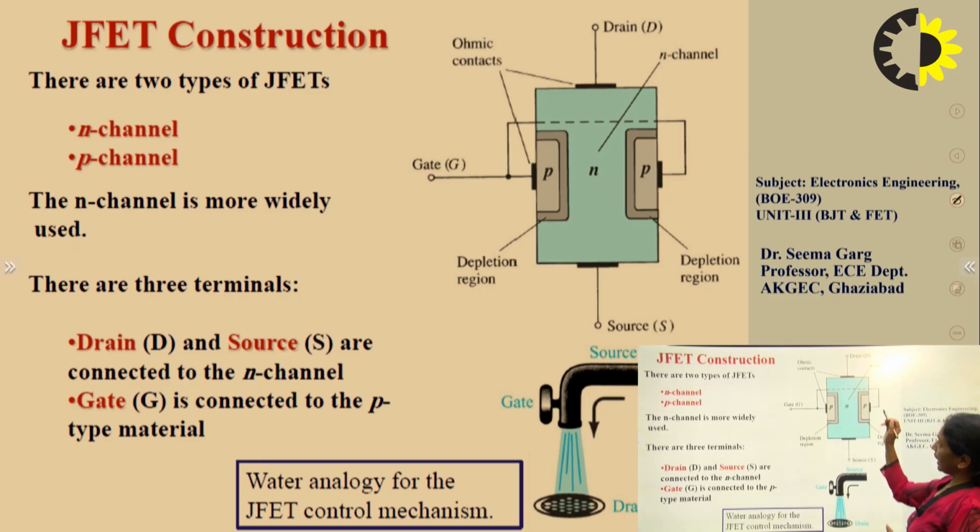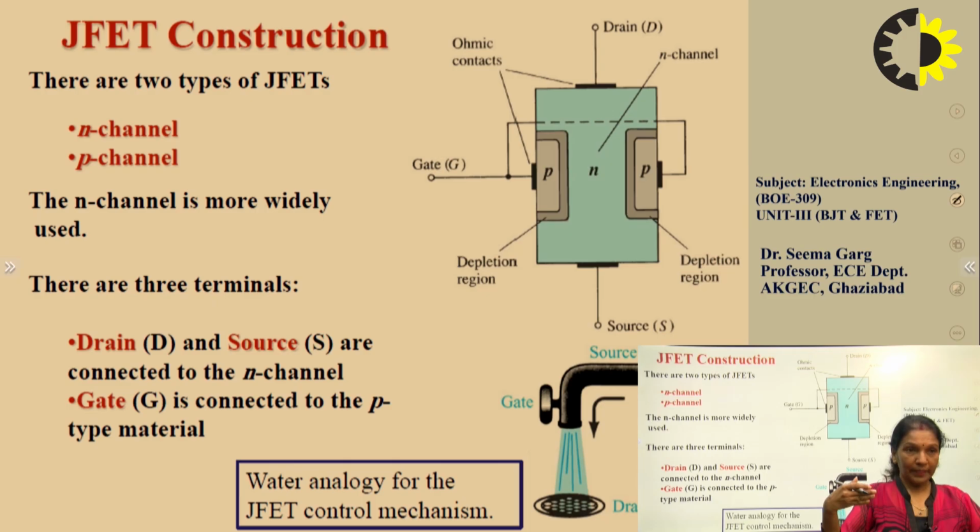Now let us understand the construction of the junction field effect transistor. So this is your N channel junction field effect transistor. In this case, we take an N type substrate or N type material, and here doping of two P type materials takes place.